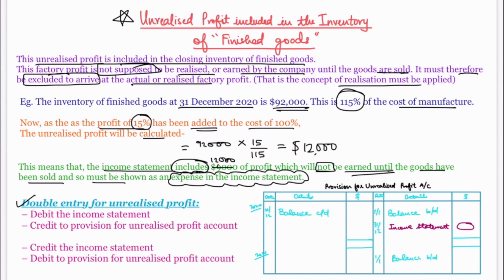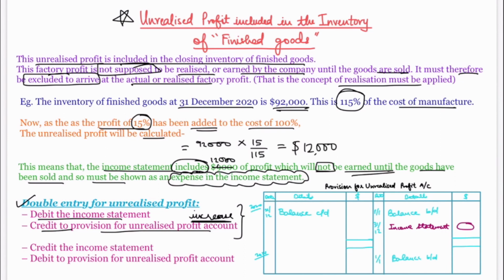Now let's see the overall double entry for unrealized profit. That is, debit the income statement and credit the amount to the provision for unrealized profit account. This is only when there is an increase in the provision for unrealized profit account.